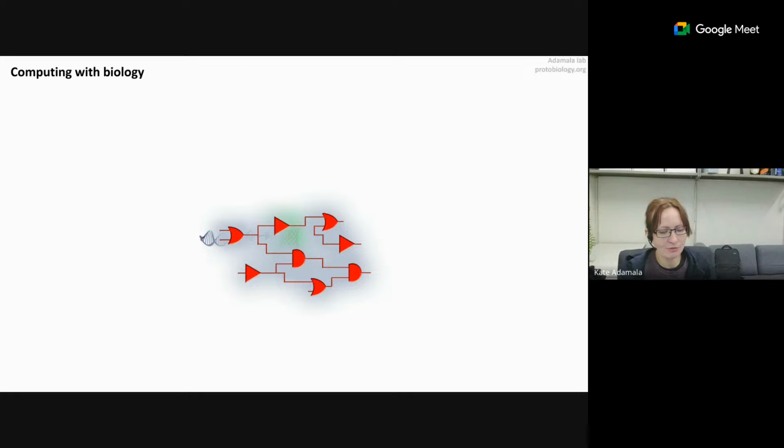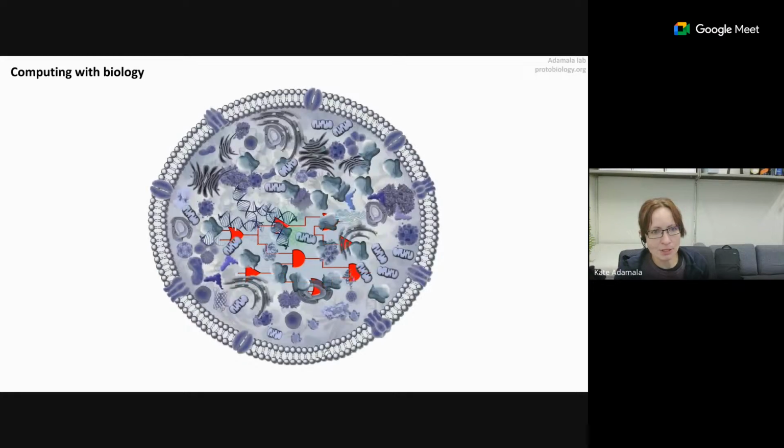This is the framing that got this field going, all the way back 15, 20 years ago, when Chris Voigt first started putting biological logic gates into cells. And the way people have been doing it is using that principle of, let's make a protein expression system that responds to a specific input and produces a defined output. Let's put it into a cell. That obviously presents a problem, because natural cells are incredibly complex.